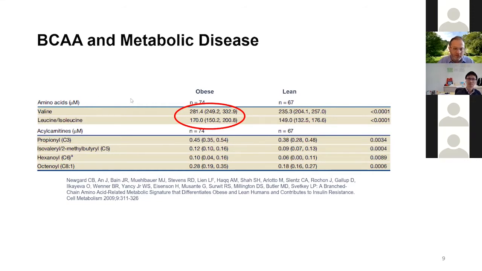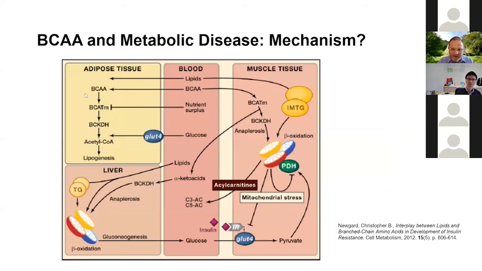Now, what exactly does that mean? People have been looking at this for a long time, and it's not quite clear. Here is a review article showing a diagram of what happens to BCAA, where they go, and what they might be doing. So it's not quite clear, but the signal is definitely there. This amino acid, which is physiologically probably a way for the body to store nitrogen in skeletal muscle and release it upon need, is elevated in people with insulin resistance.